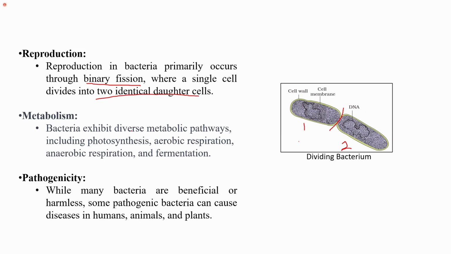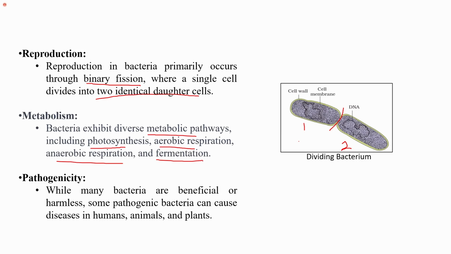Metabolism. Bacteria exhibit diverse metabolic pathways based on whether they are present inside the soil, water, or air. So based on their habitat, they have adapted to different metabolism. They may undergo photosynthesis, aerobic respiration, anaerobic respiration, or fermentation. The anaerobic bacteria do not require oxygen for their survival, while there are certain bacteria which require oxygen and cannot survive without it.